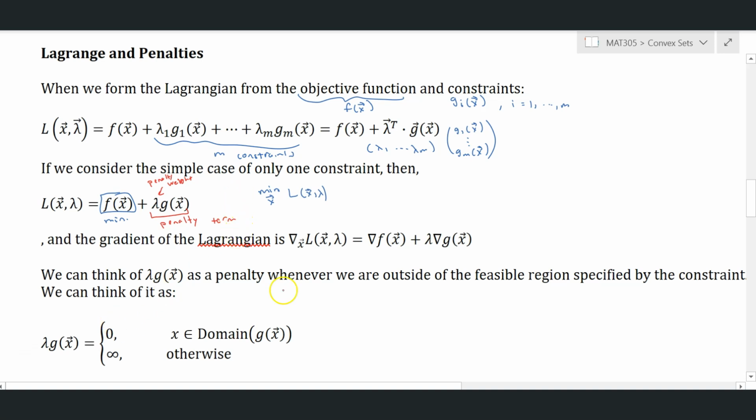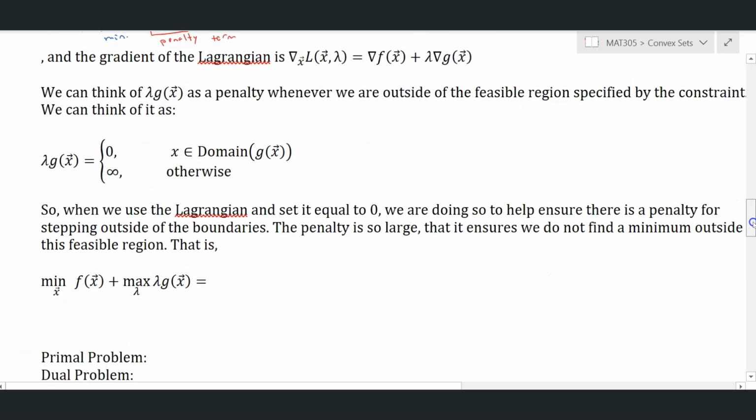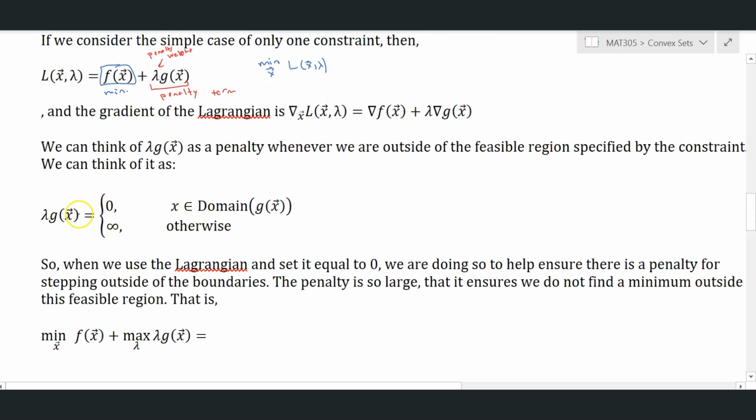So let's define it this way, conceptually. We want lambda g of x to be near 0 when x is in the domain of g of x, in other words, within the constrained region, and we want it to be infinite otherwise. So within the constraint, and outside the constraint.